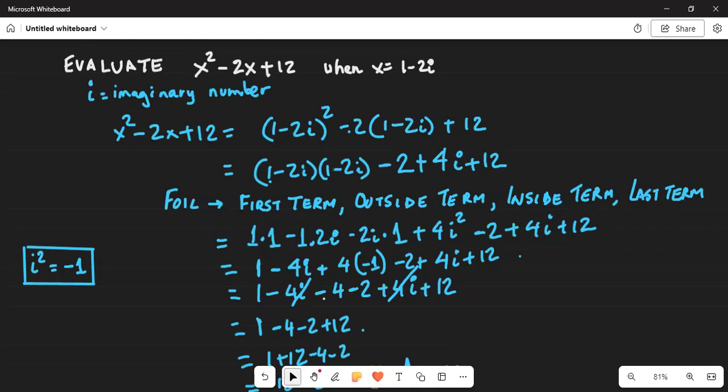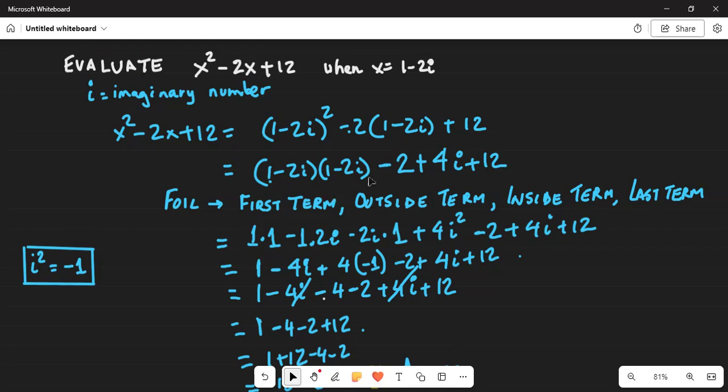So 1 minus 2i squared is 1 minus 2i multiplied by itself one more time. 1 minus 2i times 1 minus 2i. Minus 2, I will distribute it. Minus 2 times 1 is minus 2. And 2 minuses make it plus. Minus 2 times minus 2i is plus 4i plus 12.